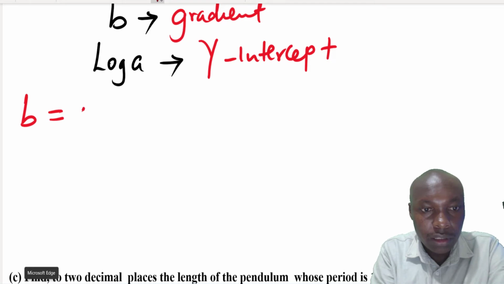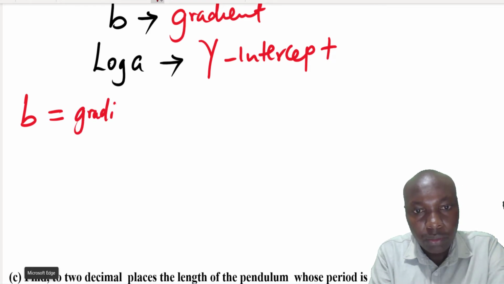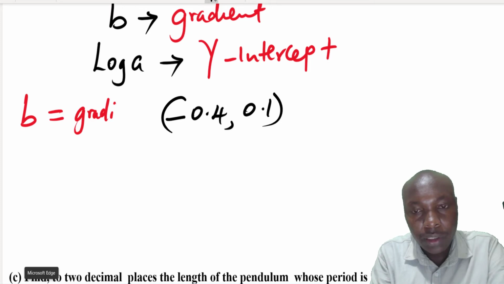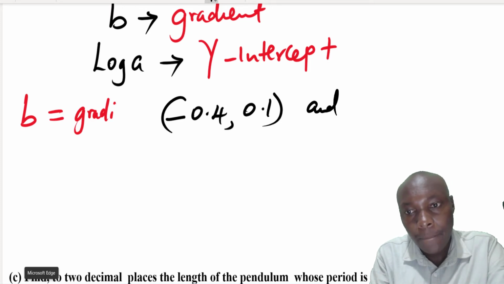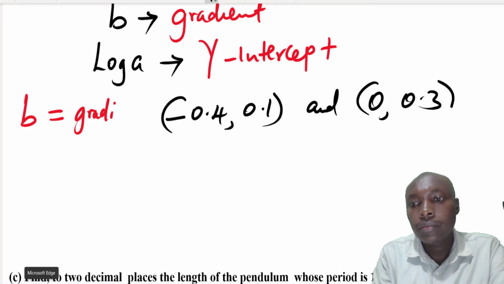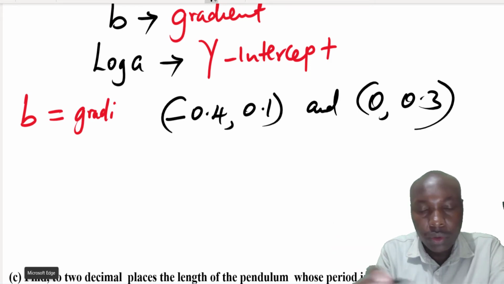B is the gradient, that is the first thing we have said, and these are the two points that you want to use.